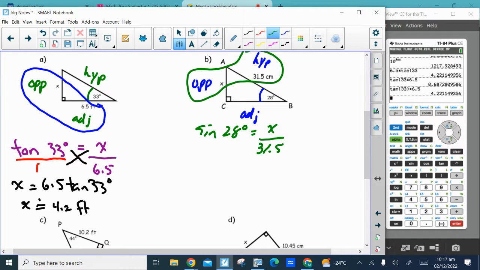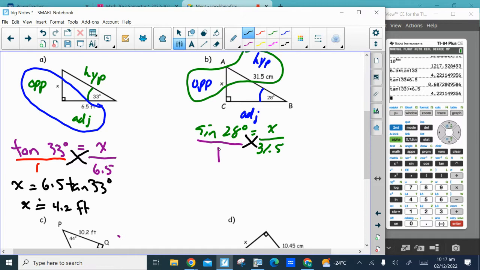So the right side is a fraction. We're going to make the left side a fraction as well by putting it over 1, or putting a 1 underneath. Whenever you have two fractions or ratios that are equal to each other, their cross products are equal as well. So we're going to cross multiply.